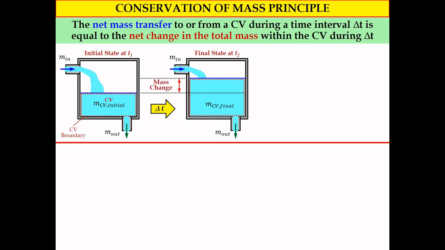If you compare both states, we will have a mass change, which refers to delta m_CV, which also represents the net change in the total mass. The m in and m out refer to the mass transfer of the system.